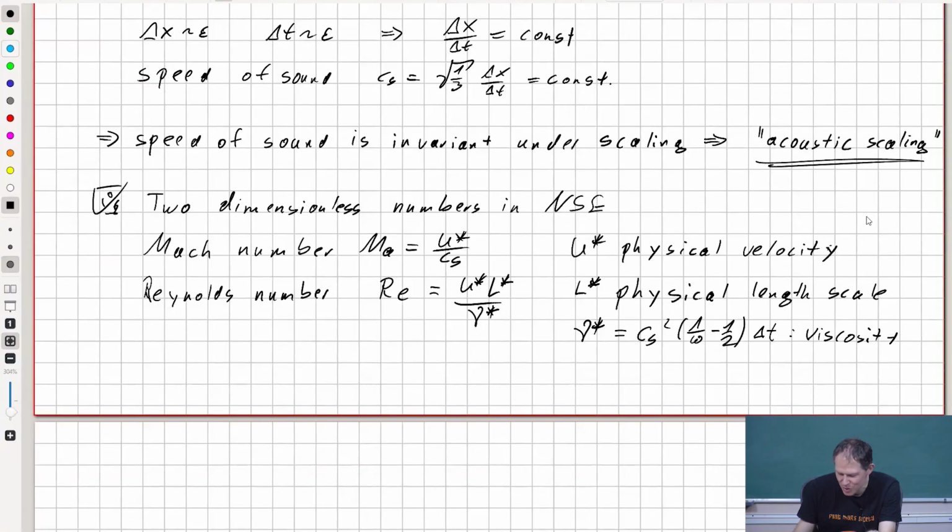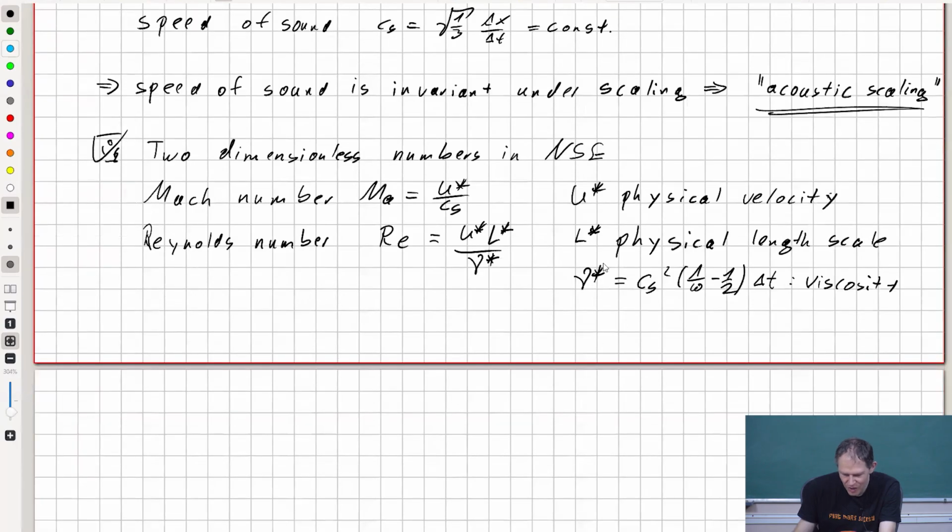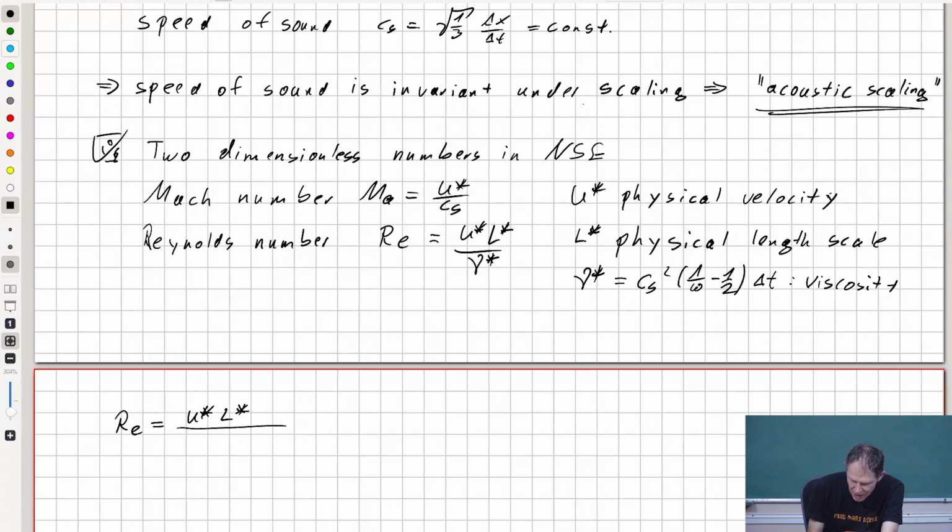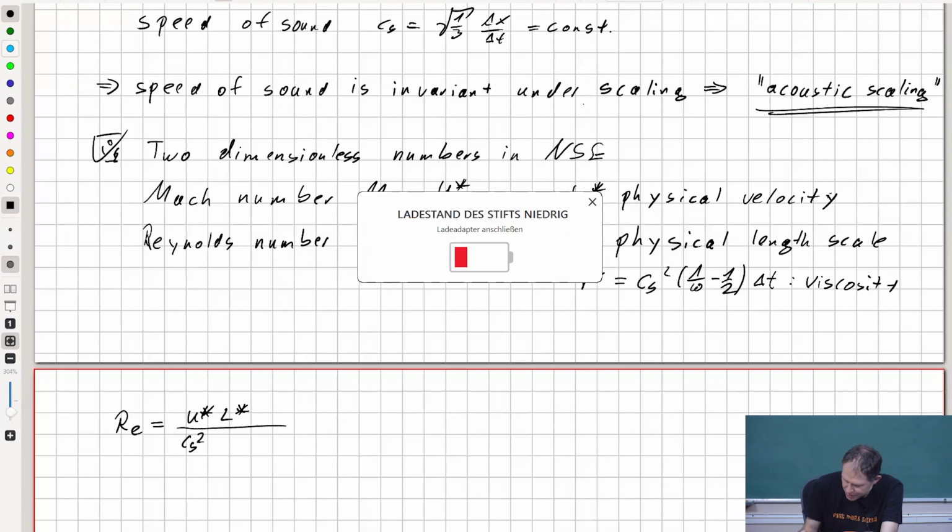Choice number 1 is acoustic scaling, and we want to see what consequences this has on our definition of our parameters. Because now we can write the Reynolds number in physical velocity times physical length scale, Cs square, and then 1 over omega minus 1/2 into delta t.